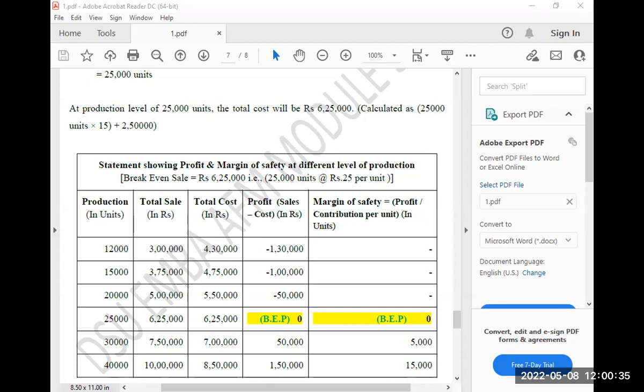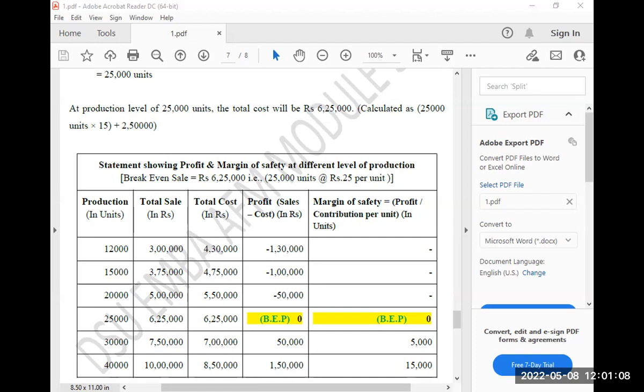Fixed cost plus desired profit, divided by contribution per unit. If you apply this logic, you will get the sales value to reach the profit we expect.